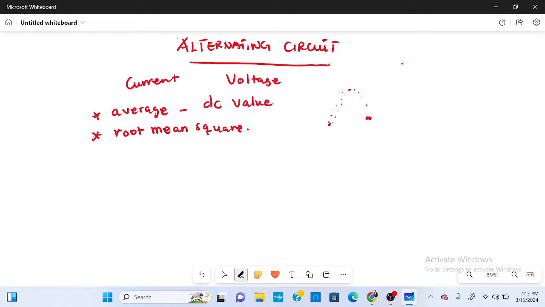So if you have a source and that source is an AC source, and you connect it to, let's say, an ammeter, the ammeter will read the average value of the AC. So the value that this ammeter is going to read will give us the idea that, upon the changing magnitude of our current or voltage, it sums up to, let's say, 2 amps.